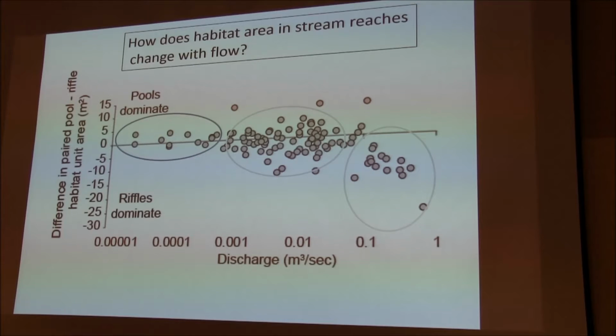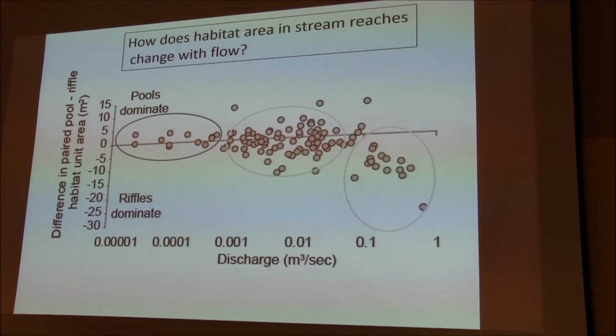And then at low flows, even though the overall habitat is shrinking because of those low flows, the stream reaches, similar to what we saw in the Sentinel streams, are now becoming dominated by pool environment. So not a surprising result there, given what we've already seen in the Sentinel streams and what our expectations might be with decreasing flows.